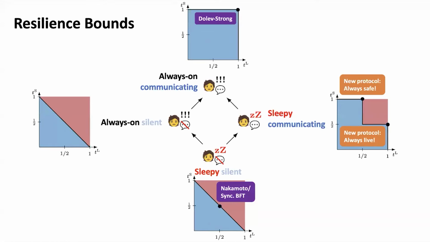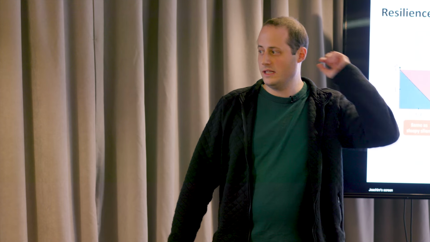And another protocol where we're always live and we're safe if the majority of validators is honest. And then in the always-on silent setting, we get the same behavior as for sleepy silent clients.